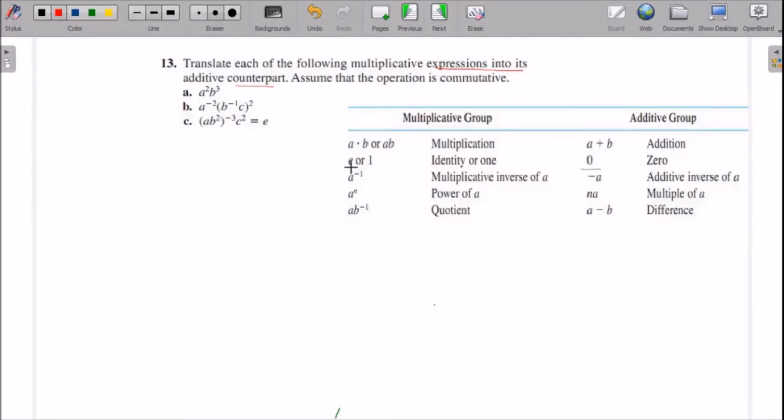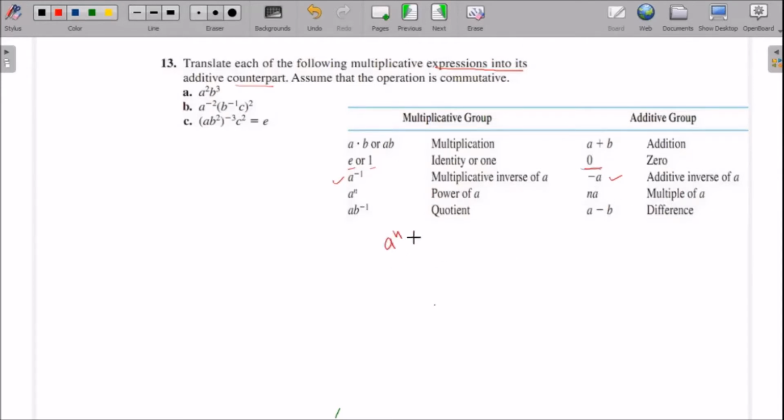Identity is either denoted by E or 1. In additive group, it is by 0. Multiplicative inverse is denoted by A to the power negative 1, and in additive group, additive inverse is denoted by negative A. Similarly, power of A is A to the power n, and in additive group, n times of A.